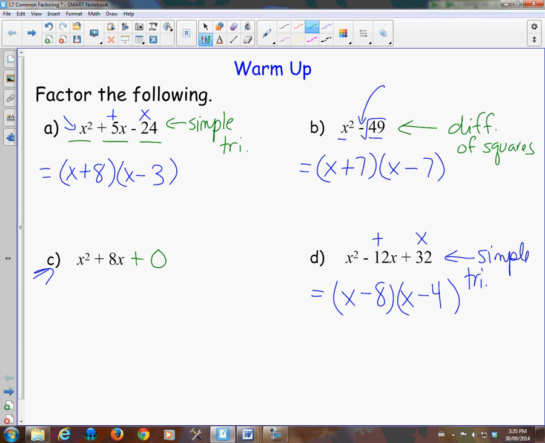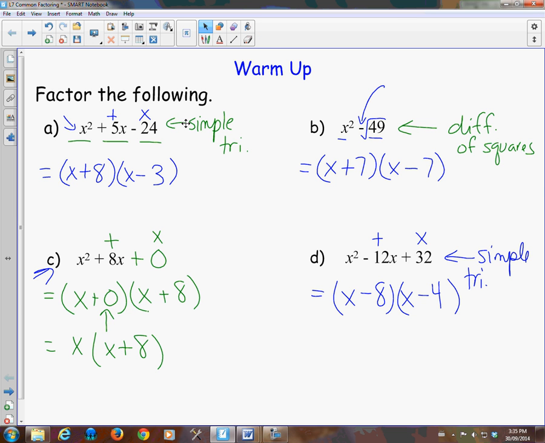So I could come up with my factors the same way as a trinomial. x, x, and what multiplies to get 0 and adds up to 8? Well, that would be 0 and 8. But in math, we don't like to write more than we have to. So x plus 0 does not change anything. So it's really just x, bracket, x plus 8.